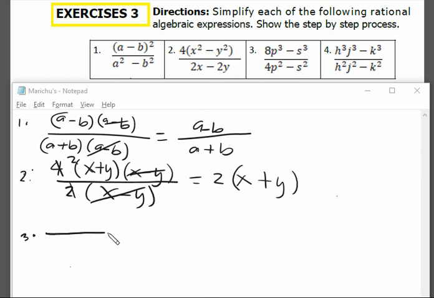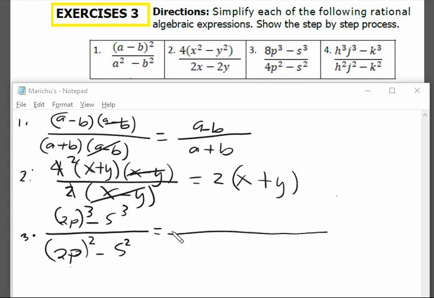Okay. Actually, we can rewrite as 2p cubed minus s cubed. In here we have 2p squared minus s squared. Then we proceed with factoring.